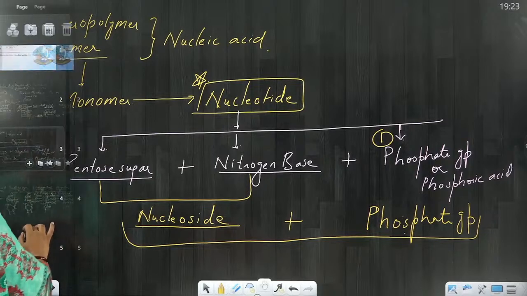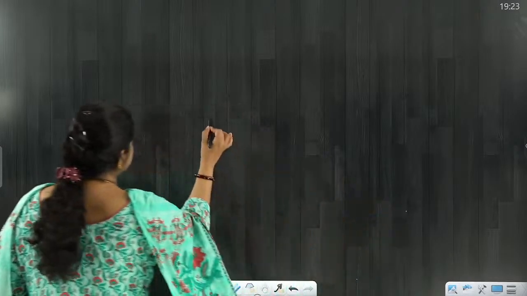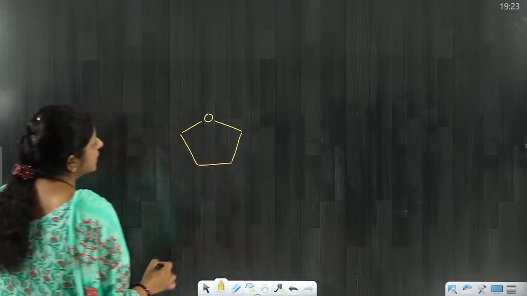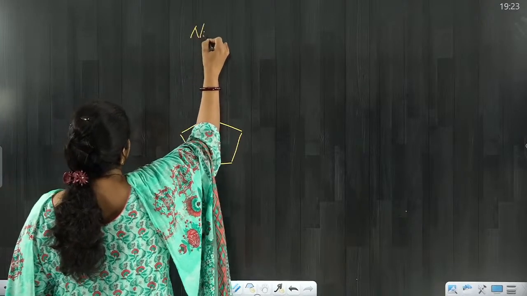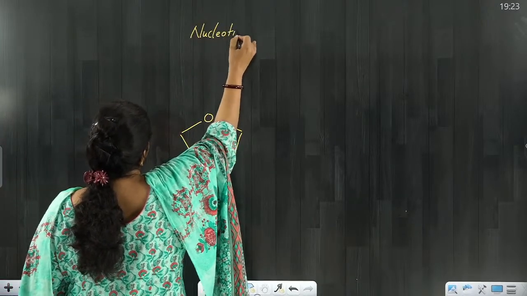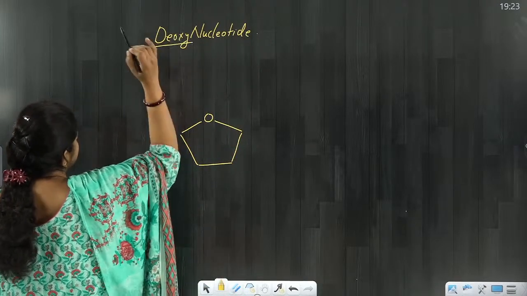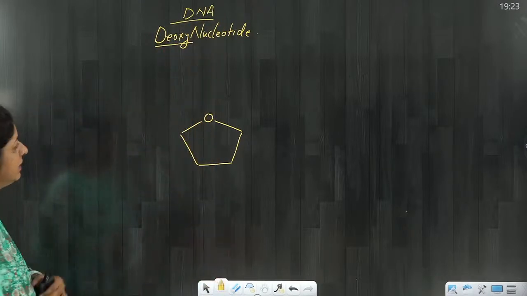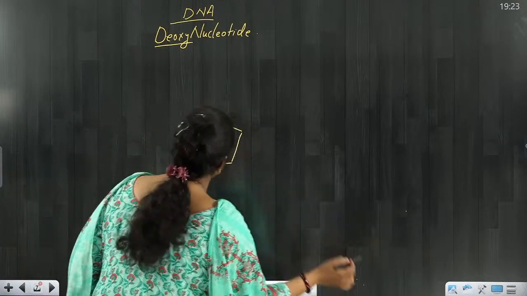For this, let's draw the structure of the sugar first. Which sugar? Deoxyribose sugar, in the context of the deoxy nucleotide. The word deoxy indicates this is a nucleotide of DNA. Fine. So this is the pentose sugar which is deoxyribose.